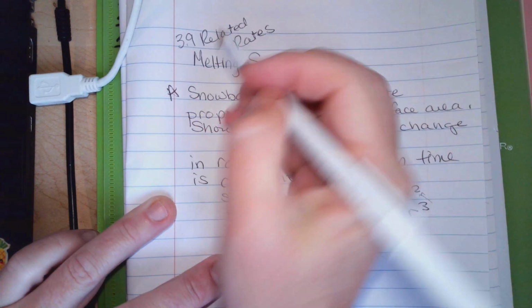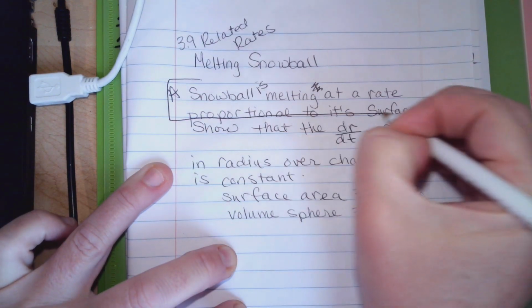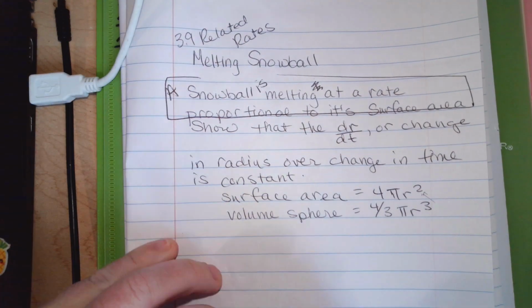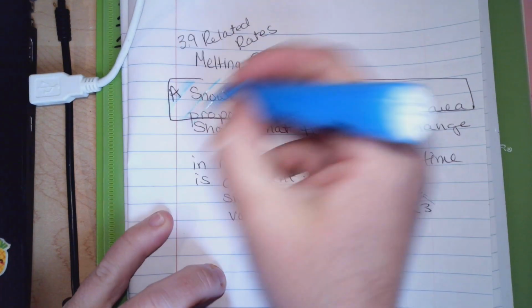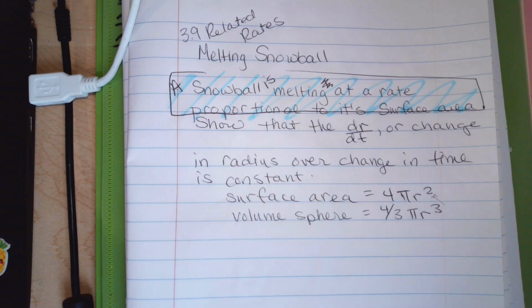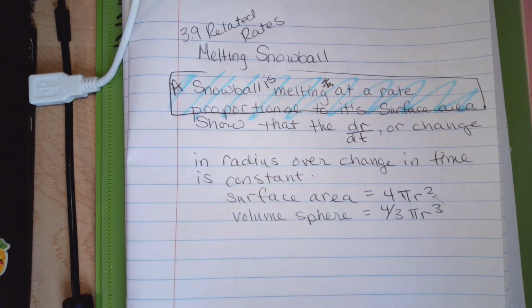What does that mean? In math, what does this sentence mean? At some point you did, or you should be doing, a bunch of problems on Pearson, and they just keep telling you that things are proportional, things are proportional.